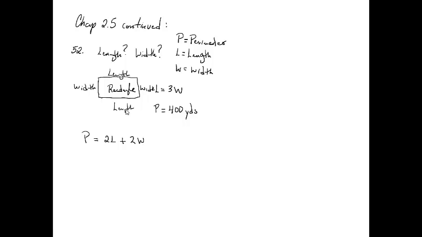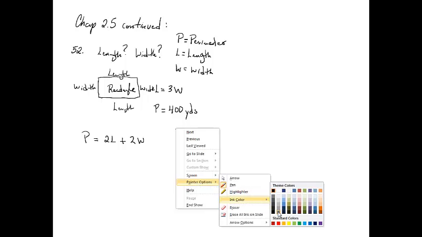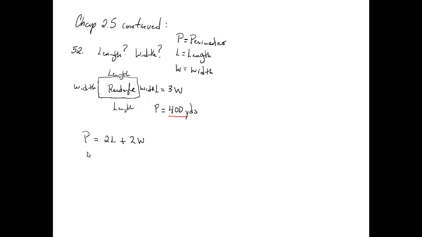Good. And then step 4 says, well, let's answer the question. All right, so I'm going to start filling this in. I'm going to use this formula that I got in my step 3. So the perimeter, instead of writing a P, let me change my color. Instead of writing P, now I'm going to write 400. So this is 400 equals 2 times, but instead of writing L, they told me something.